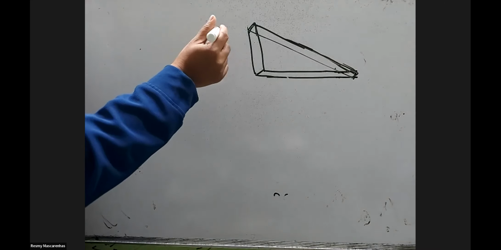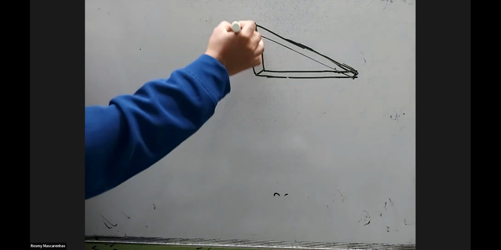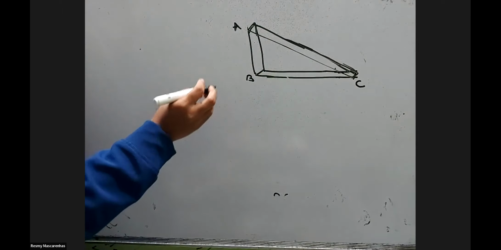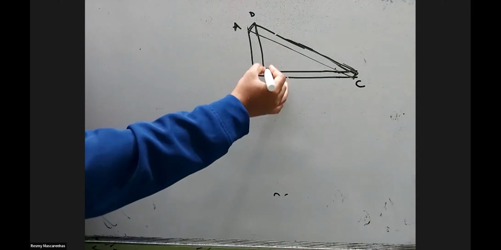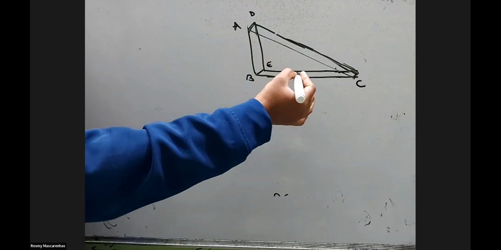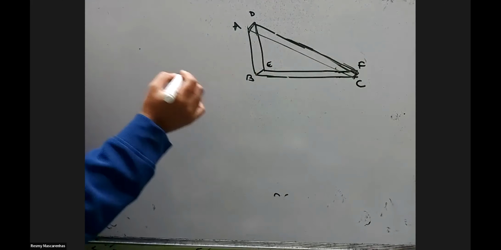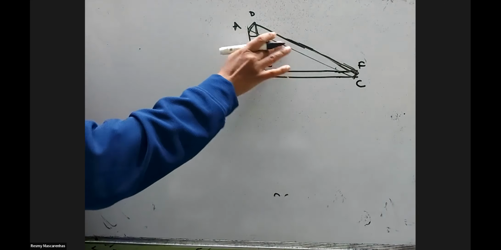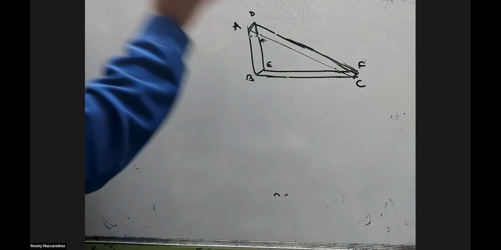Now what I'll do, there's like a prism type. This is A, this is B, this is C, D, E, and F. This angle we'll consider later. We'll just draw only this much.